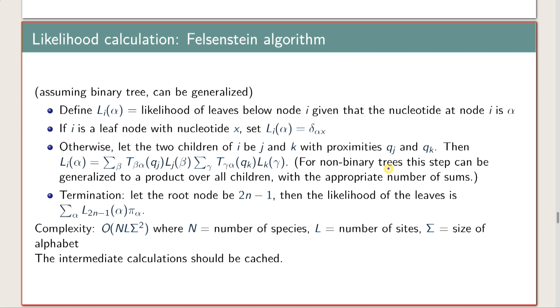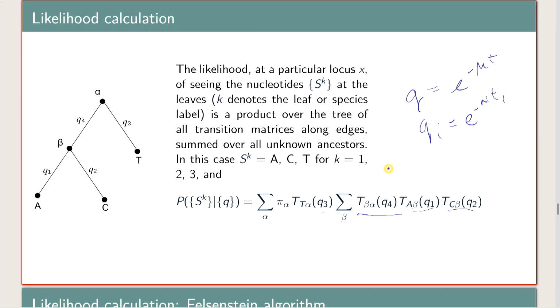Felsenstein in 1981, I think, gave an elegant recursive algorithm that maybe I shouldn't go through, so I'll skip this part. But essentially, the idea is that you can calculate a partial likelihood for each node. The likelihood for the full tree you can read from here.